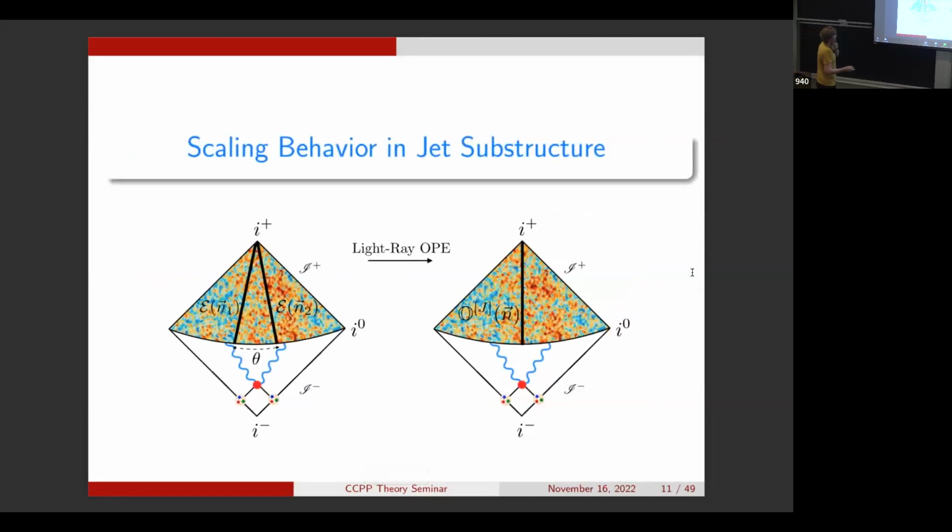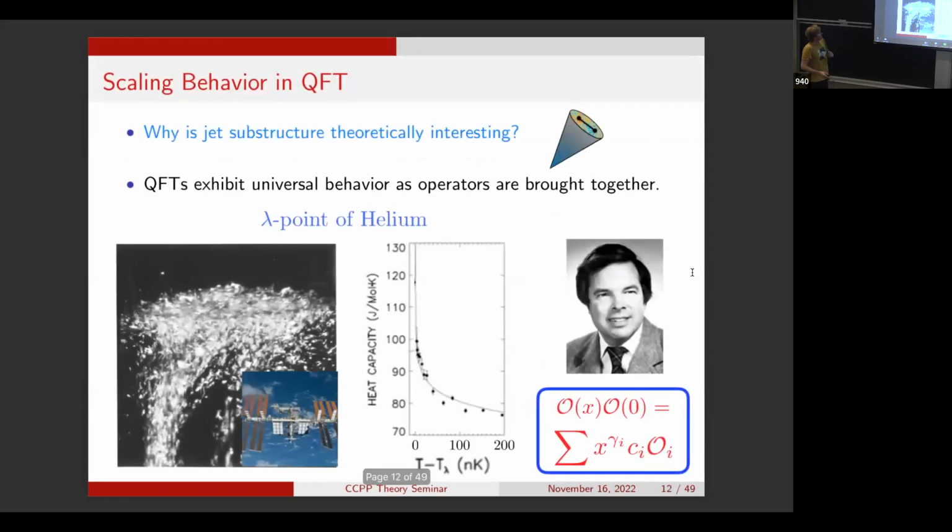Okay, so scaling behavior in jet substructure. The first question which I think is interesting to ask is why are there any of these connections between what people are doing in the formal world and jet substructure? The reason is that often when one considers quantum field theories, what you want to look for is some form of universal or scaling behavior. In particular, often what you have is some nice behavior as operators are brought together.